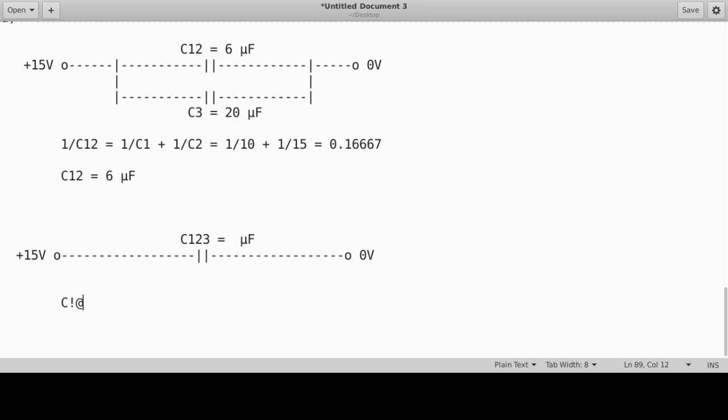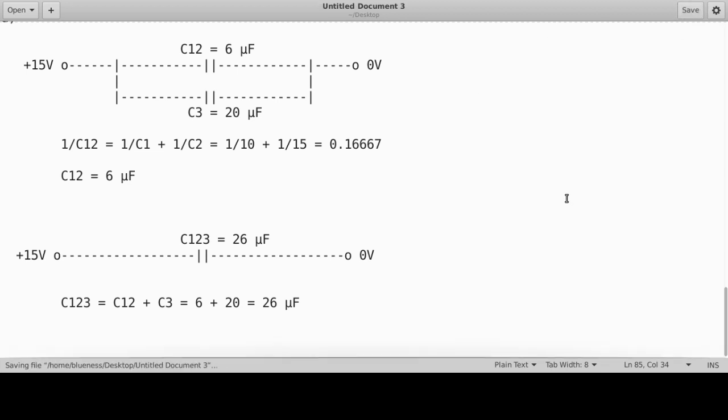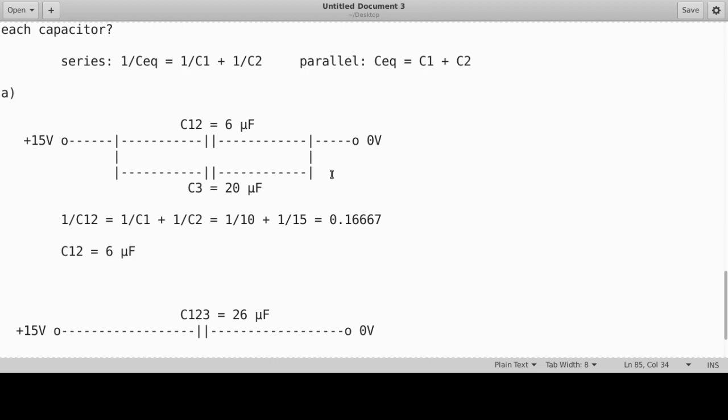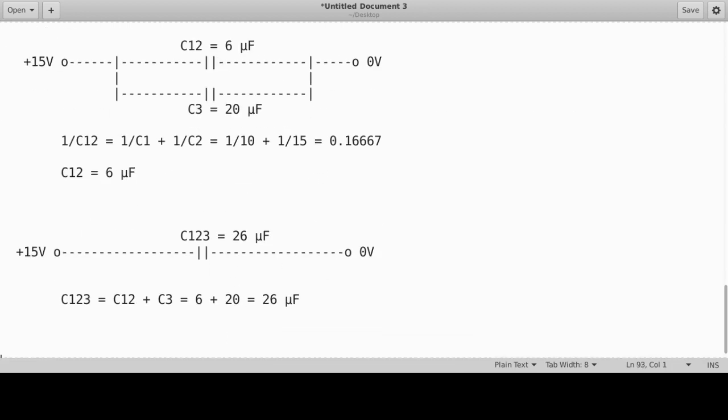The equivalent of all of them is going to be C12, which is this one, plus C3. That's going to equal 6 plus 20, which is 26 microfarads. And that's your answer. So the answer to question A, the total equivalent capacitance of the circuit, turns out to be 26 microcoulombs.